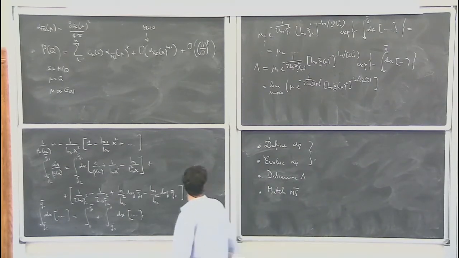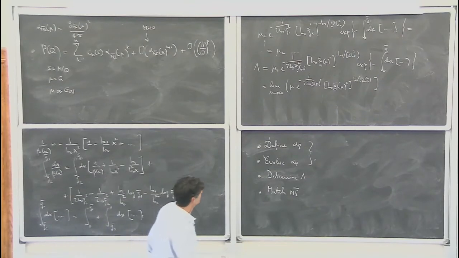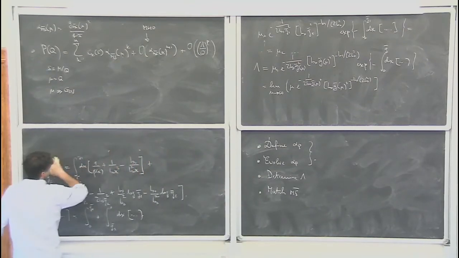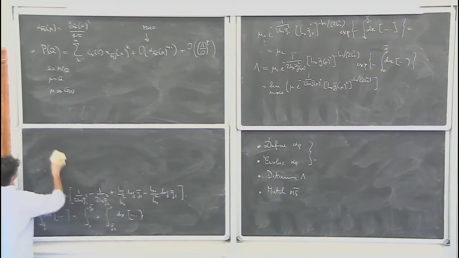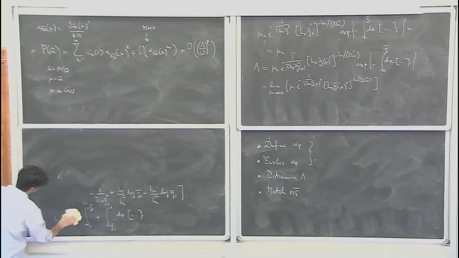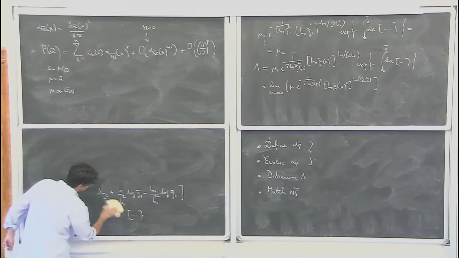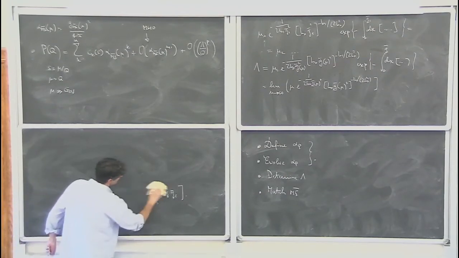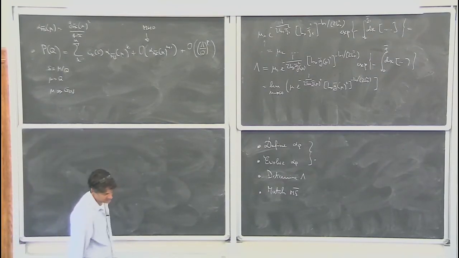So the first thing to discuss is how to define a coupling. In order to define a coupling, we're going to use exactly the same sort of strategy that we use for continuum QCD, I mean, for experimental data.